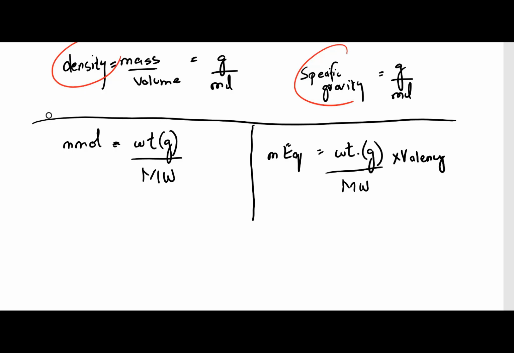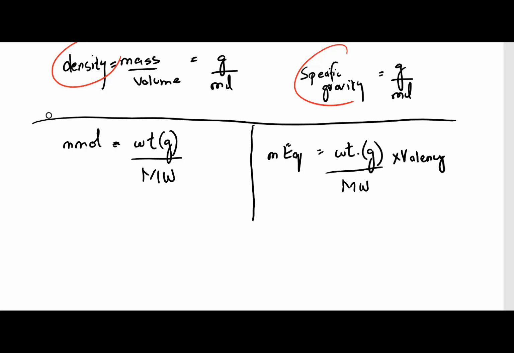Now valency depends on the compound. For example, sodium carbonate or calcium carbonate, sodium bicarbonate. So valency depends on the compound. Okay, so you can note here that the compounds which have the valency 1, for those compounds, millimoles and milliequivalents are the same.